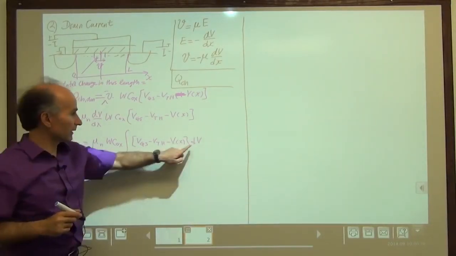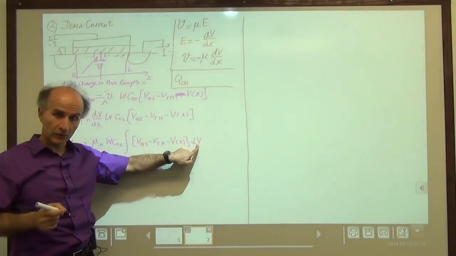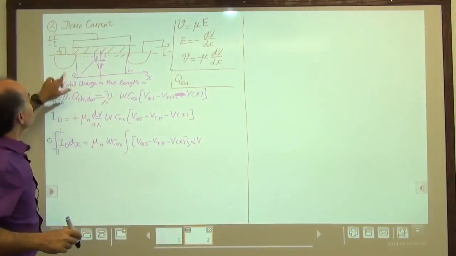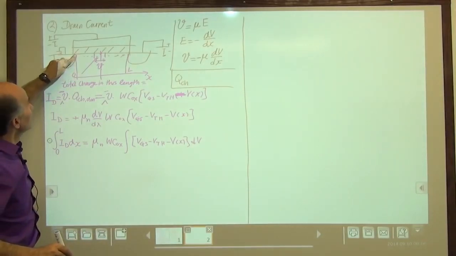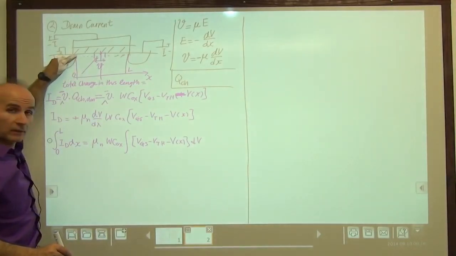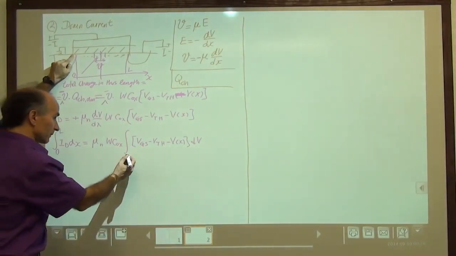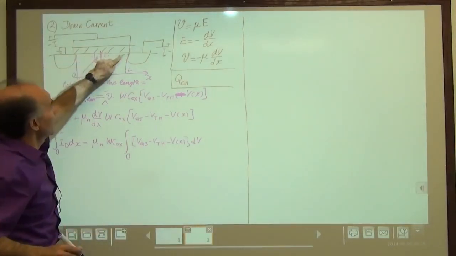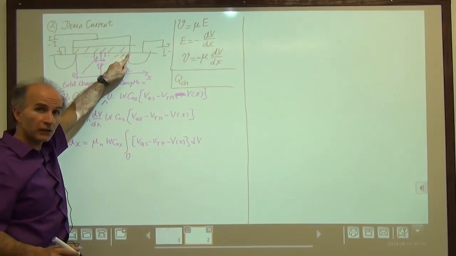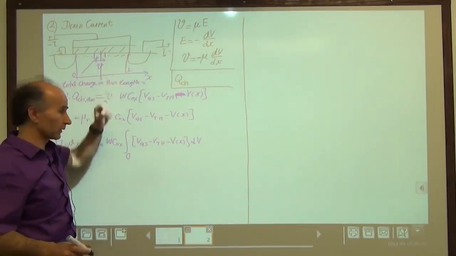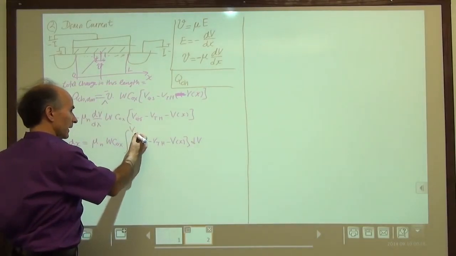This side we have to look at the voltage, this internal voltage. How much does it go from to? Well, at this point, how much is the voltage on the channel? It's 0 because we're right next to the source. And at this point, how much is the voltage in the channel? It is equal to the drain voltage because the drain is connected to it. So that's what we call VDS.